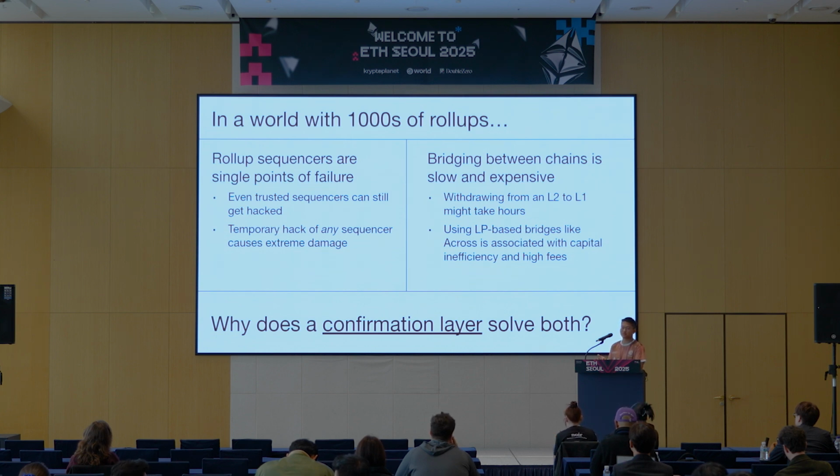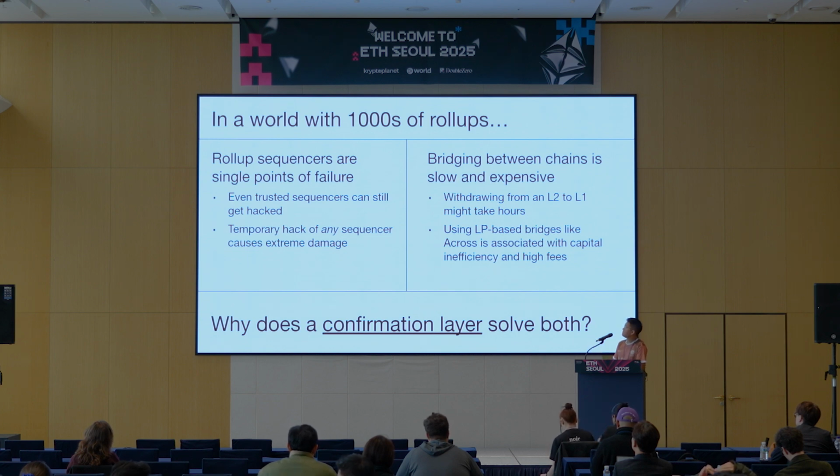We at Espresso are working with probably almost 100 rollups. I mean, they aren't all using Espresso yet, but we talk to many of them, and there are more and more every day. And there are actually two problems with this. On the left side, there is a security problem. Rollups basically have a central server operating the sequencer that decides the ordering of the transactions and also which transactions to include, and that's actually a security risk.